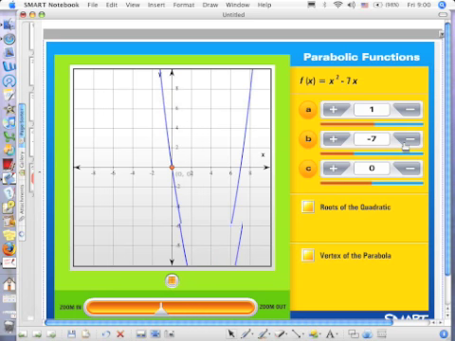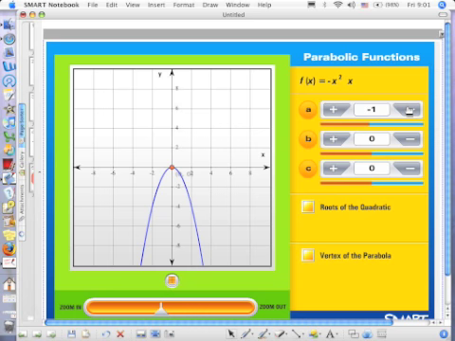It's moving again. All right? What if it was opening down? Watch what happens. Does it change how fat or skinny it is? It just changes the location of the vertex. Okay? It moves the parabola around the graph.